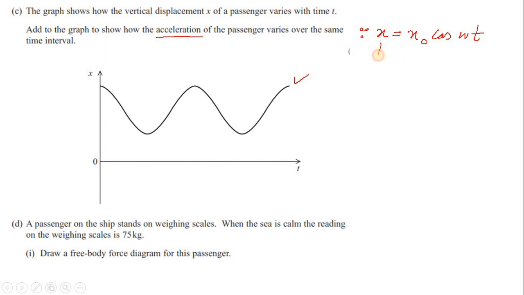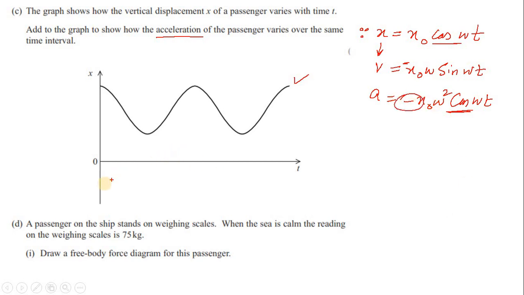We also know that the velocity will be negative x naught omega sine omega t, and acceleration is negative x naught omega squared cos omega t. So the position-time graph follows a cosine law, and acceleration also follows a cos graph, but in the negative direction.